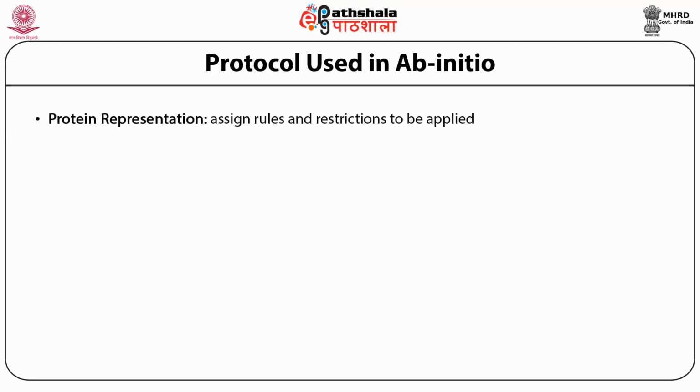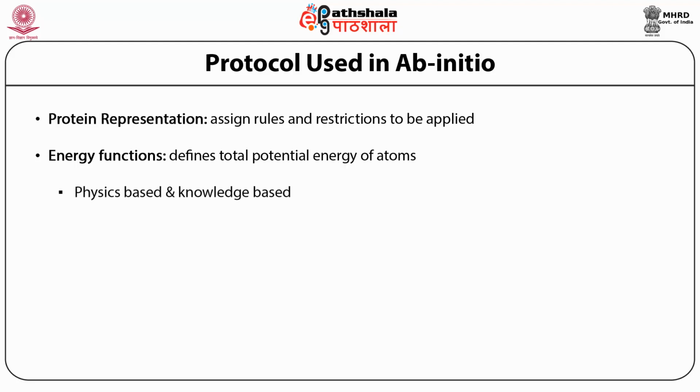Protocols used in ab initio. The few basic steps used in ab initio are: first, the protein representation that assigns rules and restrictions that are to be applied. Then, you have the energy functions that define the total potential energy of all atoms and which can be derived either by physics-based or knowledge-based methods.